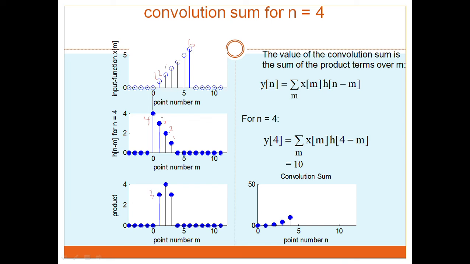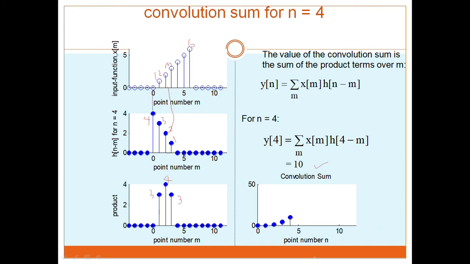And then 2 with 2, the second one, is 4. 2 with 2 is 4, and then the third one is 1 and 3, which is 3. So you sum 3, 4, and 3, you will get 10.